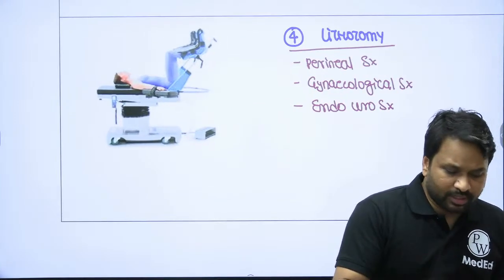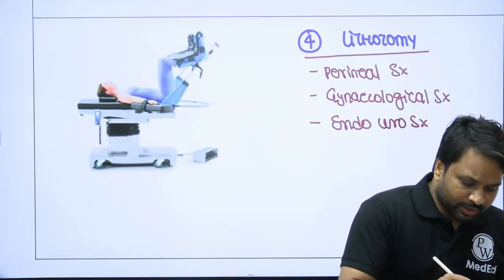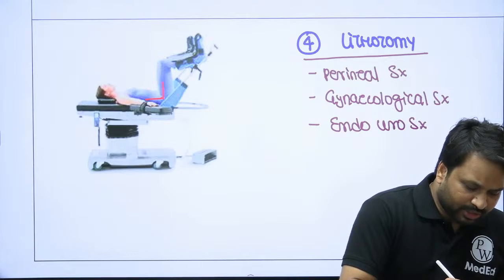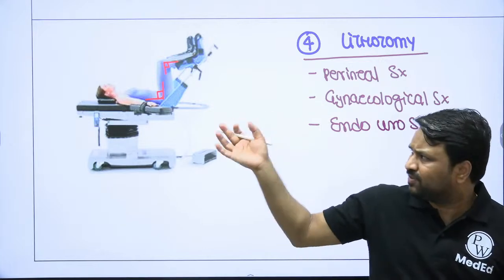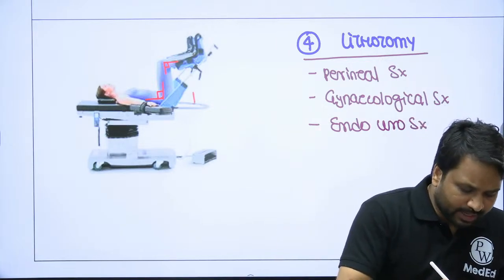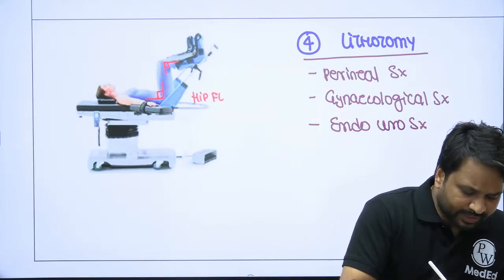The problem here in a lithotomy position is you need to have the hip flexion at 90 degrees and the knee flexion also at 90 degrees, right? The knee can be semi 90, but the most important is that it requires a hip flexion at 90 degrees.